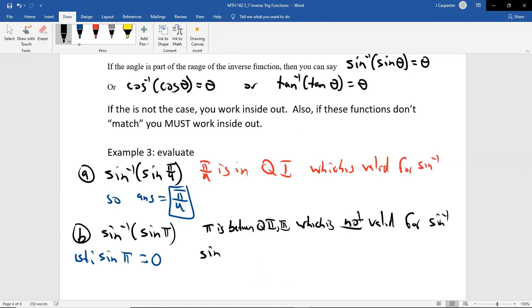So sine inverse of sine of pi, I'm just writing blue so you can see the direct substitution. This will now be the inverse sine of 0. Now this 0 is not an angle. This is not 0 radians. This is the ratio of 0 over literally any number.